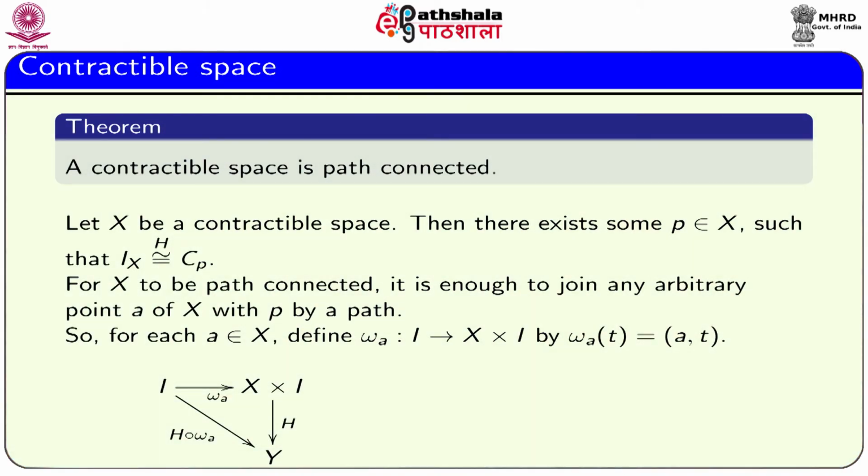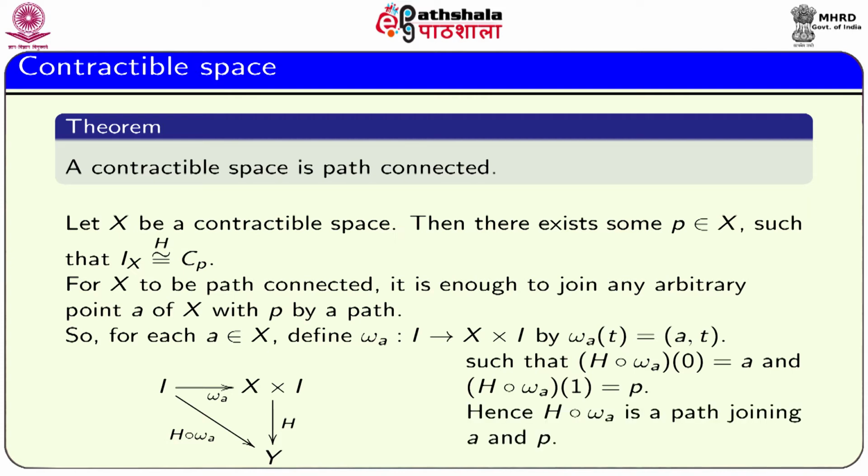Now this is of course a continuous function for each A belonging to capital X. Now we have this diagram that W_A is a continuous function from I to X cross I, capital H is a continuous function from X cross I to X. So the composition of two continuous functions is a continuous function, therefore H composed W_A is a continuous function from I to X. So we have a path, H composed W_A is a path in X such that H composed W_A evaluated at the point 0 is A and H composed W_A evaluated at the point 1 is P. So H composed W_A gives us a path joining the points A and P.